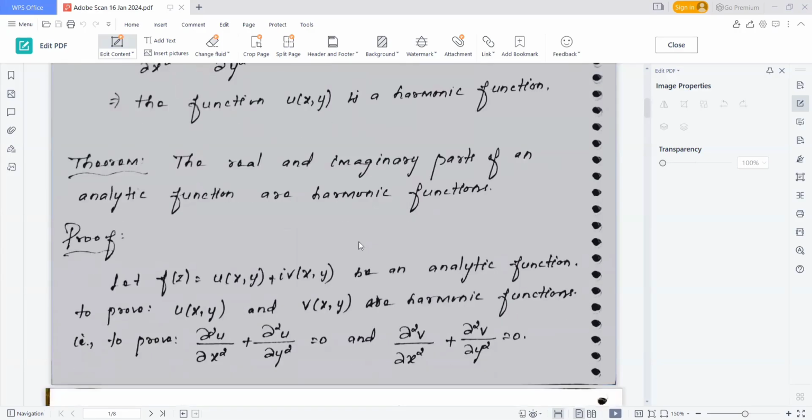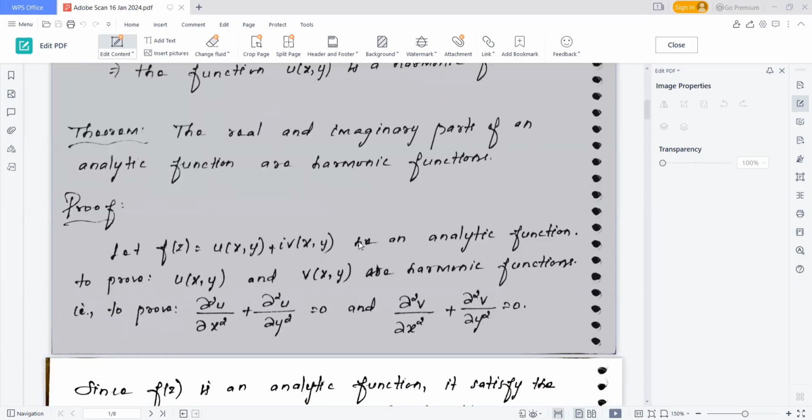The real and imaginary parts of an analytic function are harmonic functions. So if we have an analytic function, then the real and imaginary parts should be harmonic functions. This is what the theorem means.